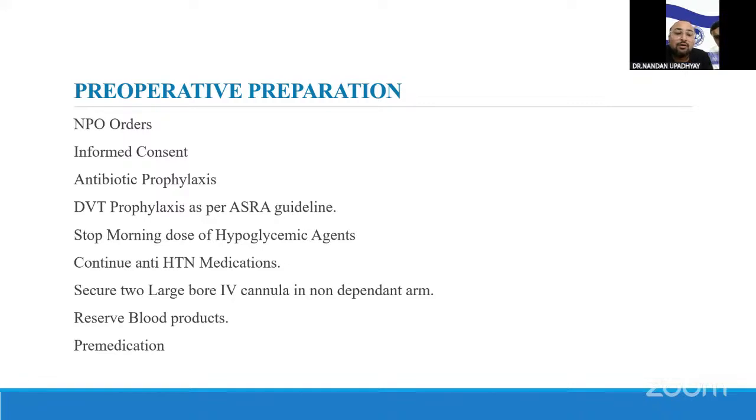You have opted for regional anesthesia. Now, sir, what are the considerations of regional anesthesia versus general anesthesia? Sir, we should prefer regional anesthesia as far as possible in order to prevent neck manipulation and airway manipulation of the patient. Also, in upper limb surgery, we can go for cervical plexus blocks.